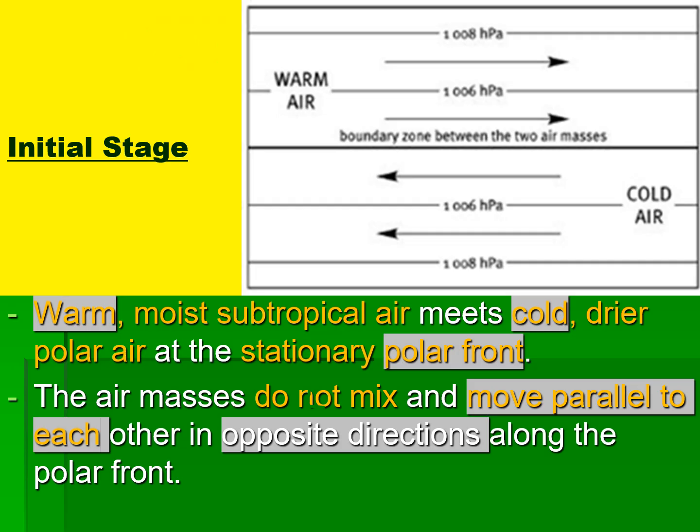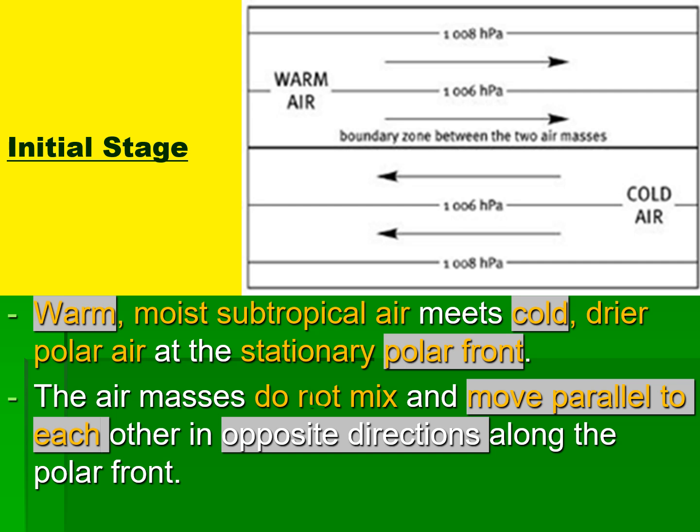The initial stage marks the beginning of the development of this weather system. At the polar front, we have the converging and coming together of warm, moist air from the subtropical region and cold, drier polar air from the polar region.